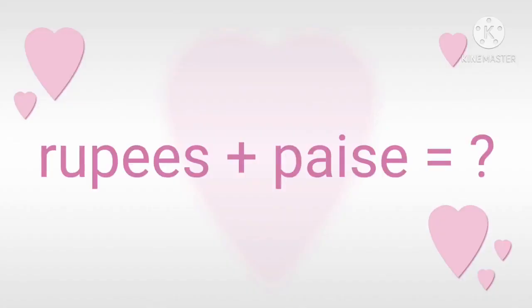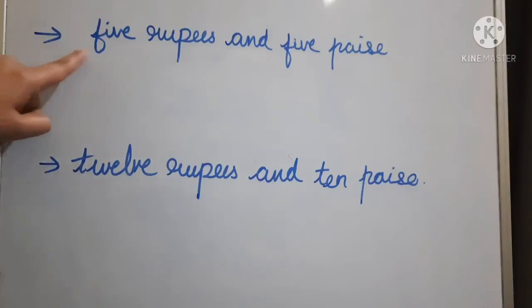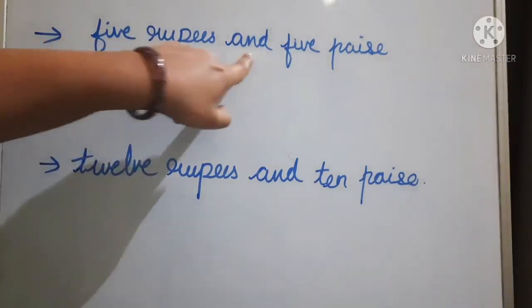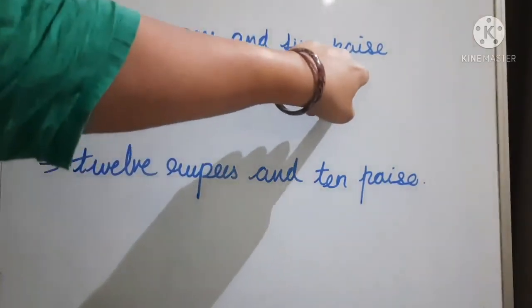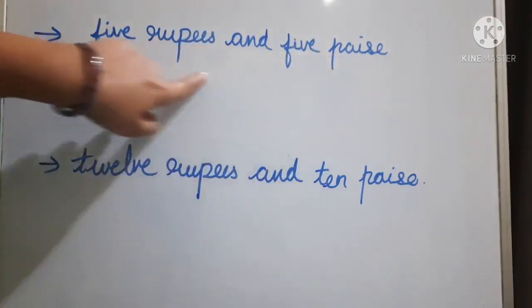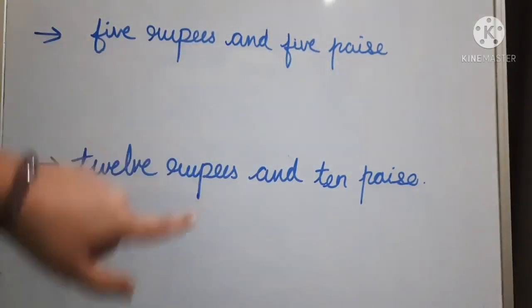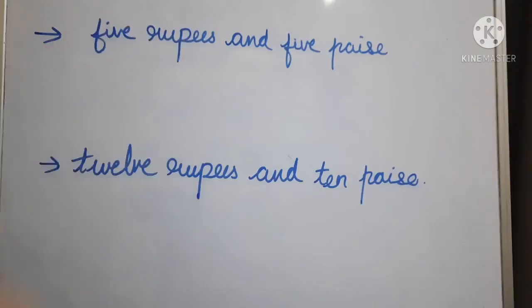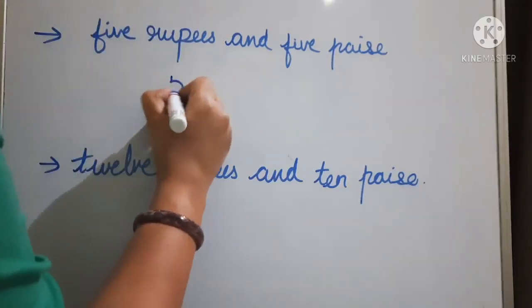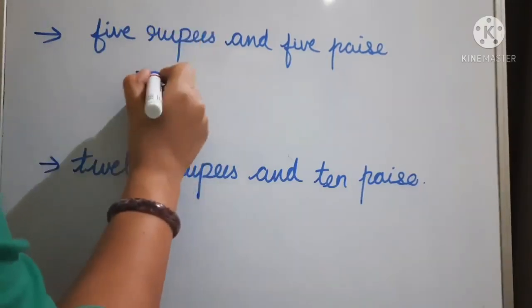Children, now shall we learn how to write rupees and paise together? Now look at this question. 5 rupees and 5 paise. We have to write these words into figures. 5 rupees, symbol is this.